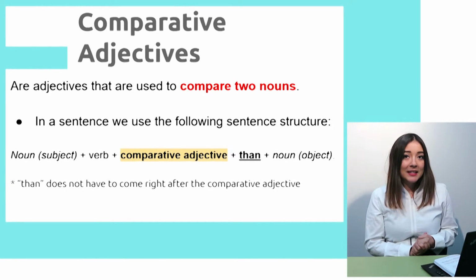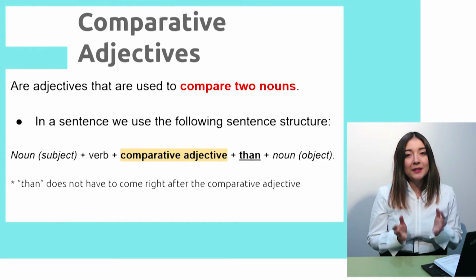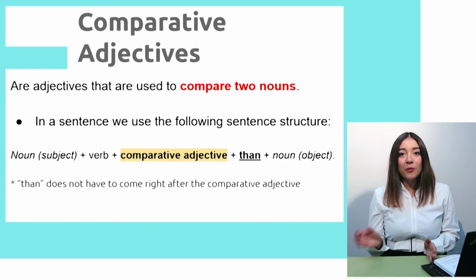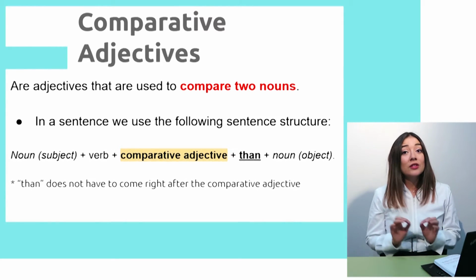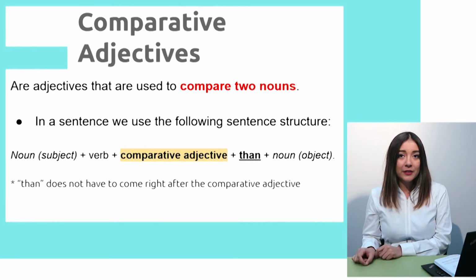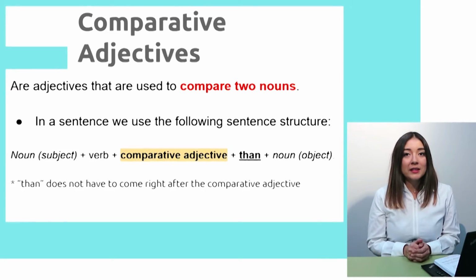In a sentence, a comparative adjective is found in the middle of the sentence, followed by than. Now, note that than does not have to come immediately after the comparative adjective. However, than is usually found within the sentence.